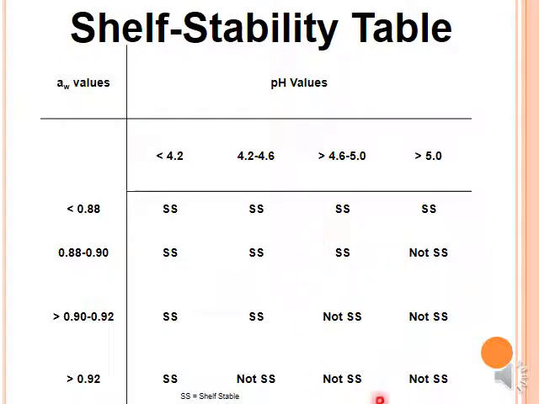More than that, it's no longer shelf stable. With a further increase in pH, more than pH 5, less acidic now, food is only shelf stable at low water activity.